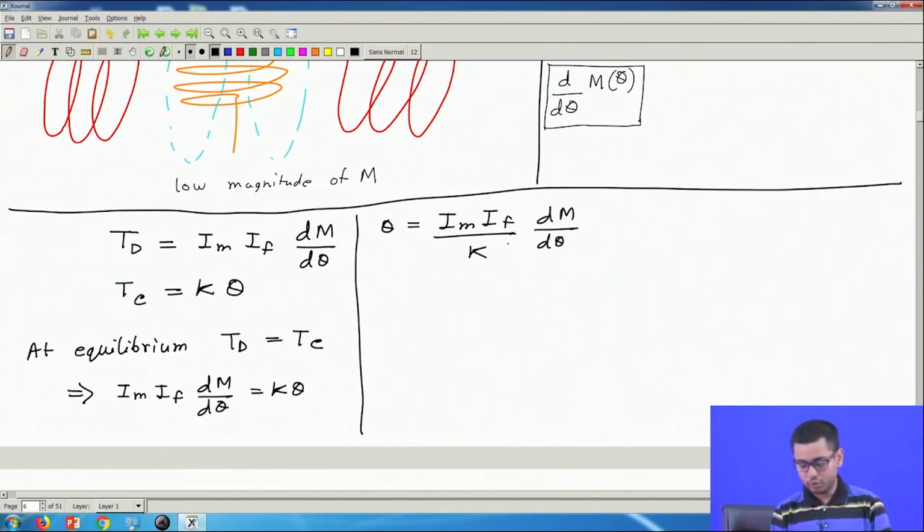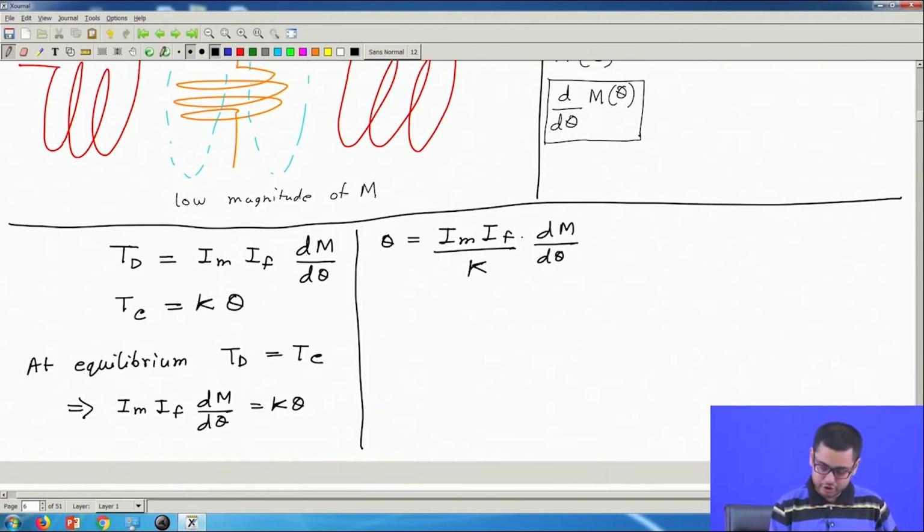So, the angle of the coil is proportional to the product of the two currents Im If, and these are the proportionality constants.